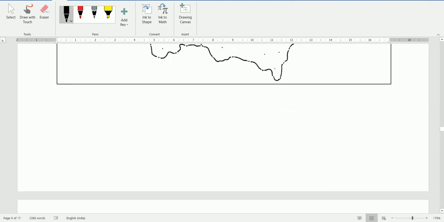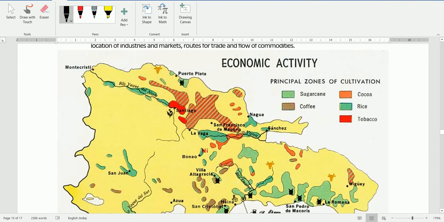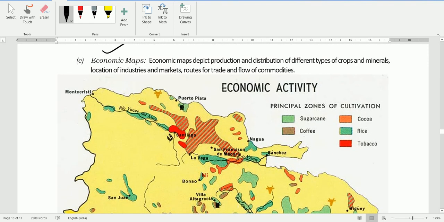Next, we have economic maps. Economic maps depict production and distribution of different types of crops and minerals, location of industries and markets, routes of trade, and the flow of commodities. This map is an example of these economic maps.